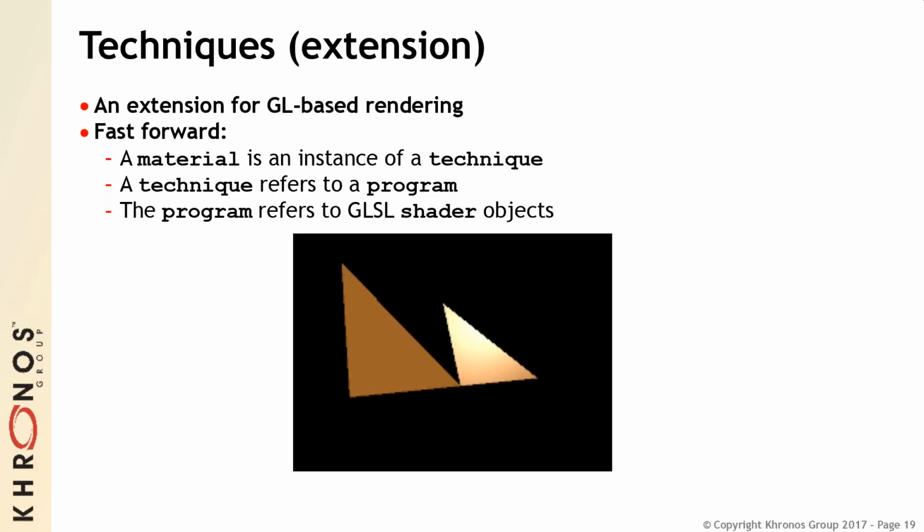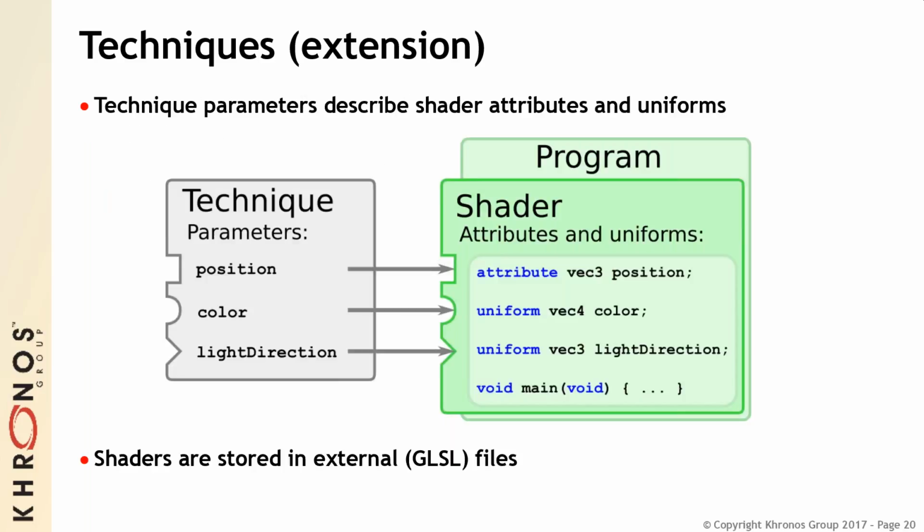So each technique contains a description of the inputs for the GLSL program, containing information about the data type and the data layout. For example, in this example, you can see the positions which are 3D vectors, the colors which are 4D vectors, or the light direction, which is a single 3D vector. And a description of these parameters is given in the technique, so that it can be read programmatically. You can look up the technique information in the JSON file, and then you know how to set the inputs for your shader program.